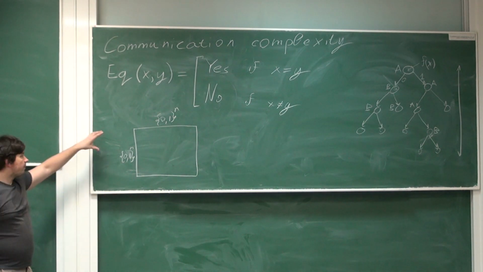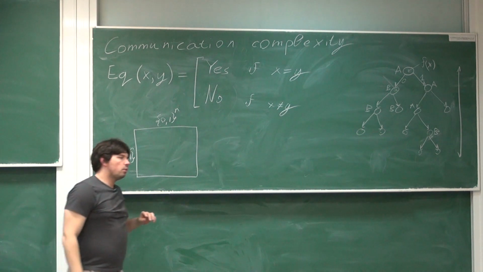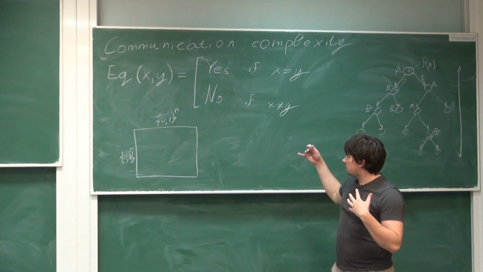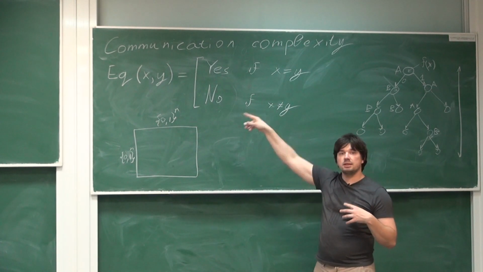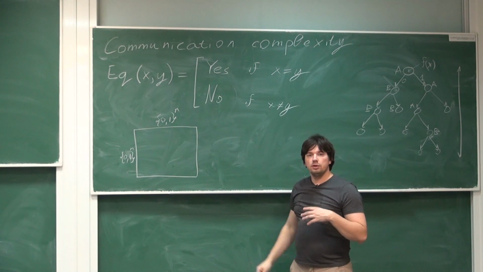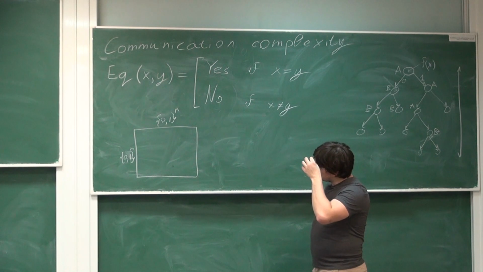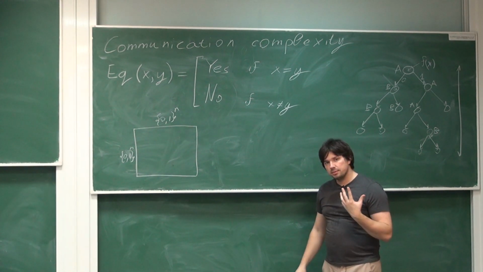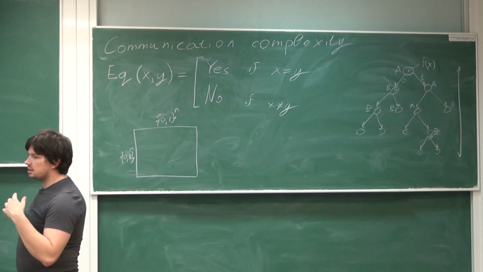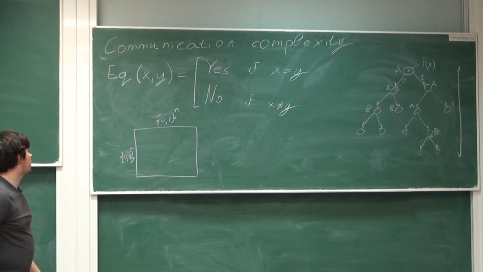So the rows of this rectangle will correspond to inputs to Alice, to different x's, and columns will correspond to different y's, or inputs of Bob, right? So what happens when Alice sends 1 bit of communication?